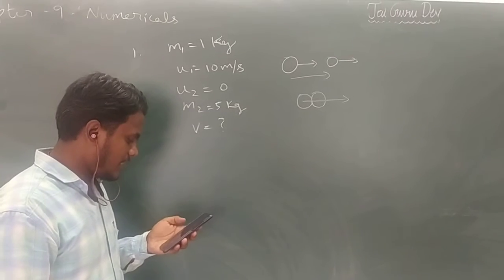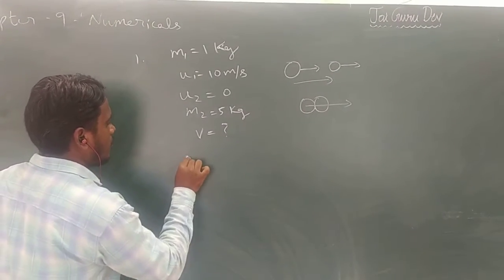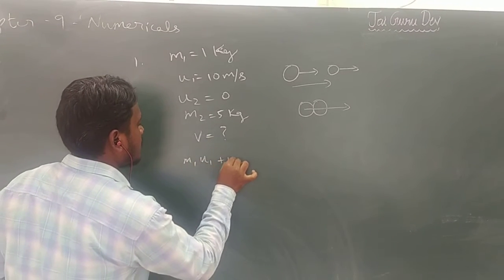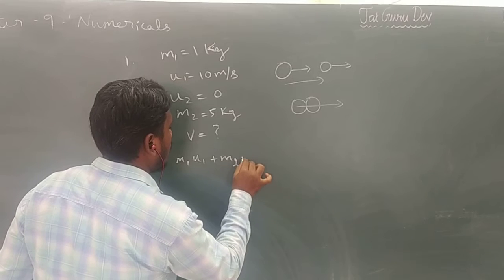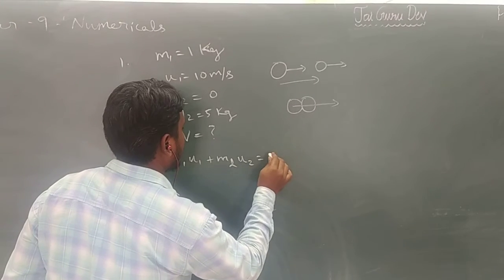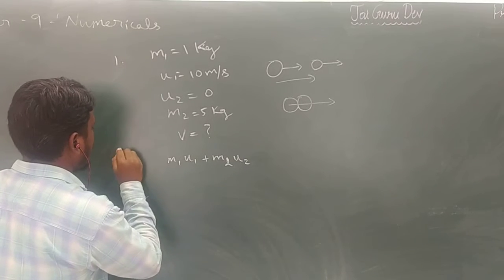Okay, we'll start. So what is the momentum before collision? Momentum before collision formula: m1 u1 plus m2 u2 is the initial momentum, right?